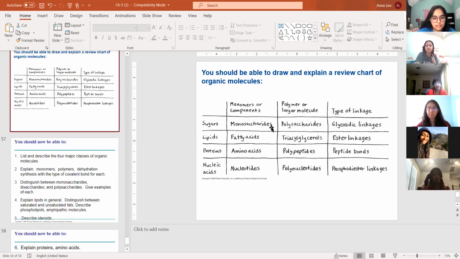Okay. So monosaccharides are made from the carbonyl group, then several of them join together and form polysaccharides with glycosidic linkages, like we talked about. Then the fatty acid, and when you add in the glycerol, the hydroxyl group, it becomes a triglyceride, and that's ester linkages. We didn't really talk about those, but just know that it's an ester linkage. Amino acids have a carboxyl group, the carboxylic acid, and an amine group, which is your NH2, like your base.